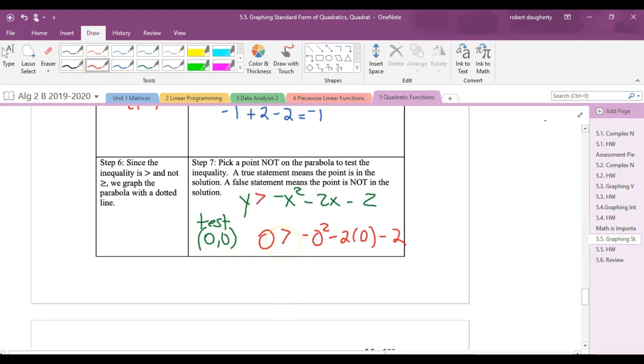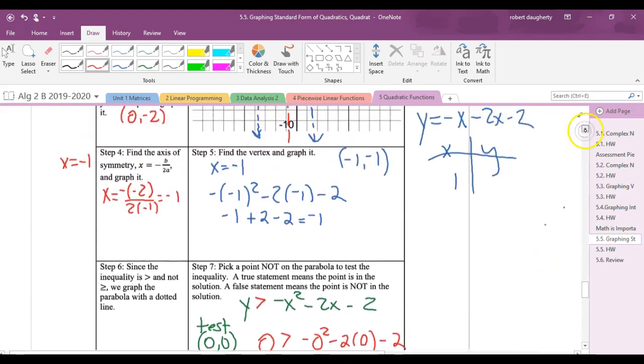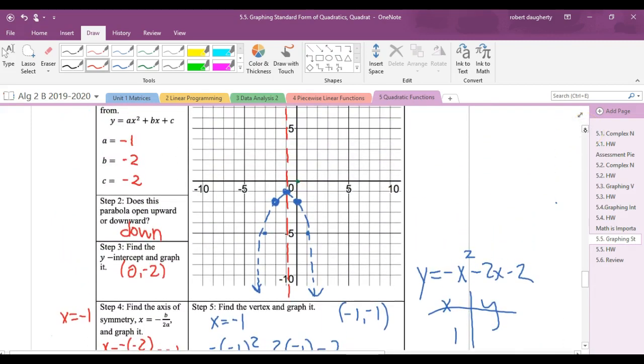Okay. So I get 0 is greater than negative 2. Is that a true statement? 0 greater than negative 2. That is a true statement. That means that 0, 0 is part of my solution. So where do I shade? Yeah. This is my solution. All of that, okay?